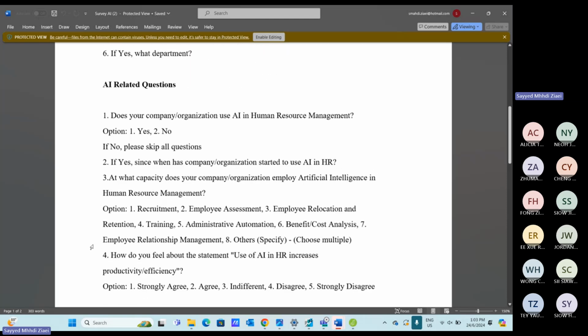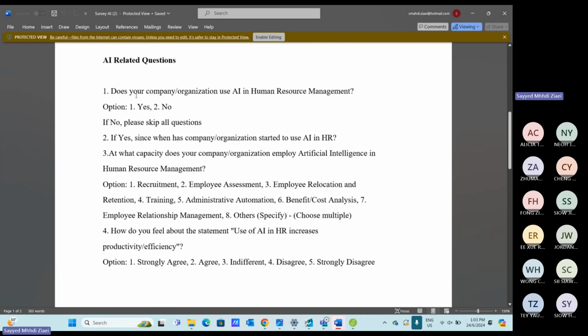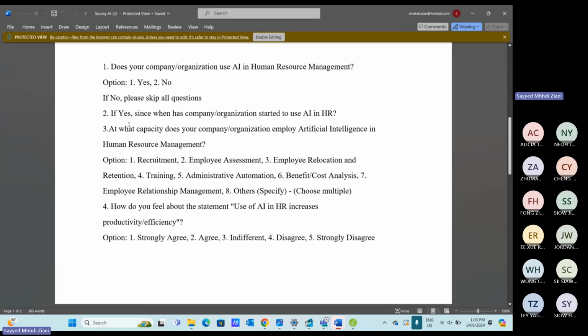And the second part is about the AI impacts. Question number 1, does your company organization use AI in human resource management? Option 1, yes. Option 2, no. If no, please skip all questions, so it means this survey is not useful for you. Question 2, if yes, since when has your company organization started to use AI in HR?